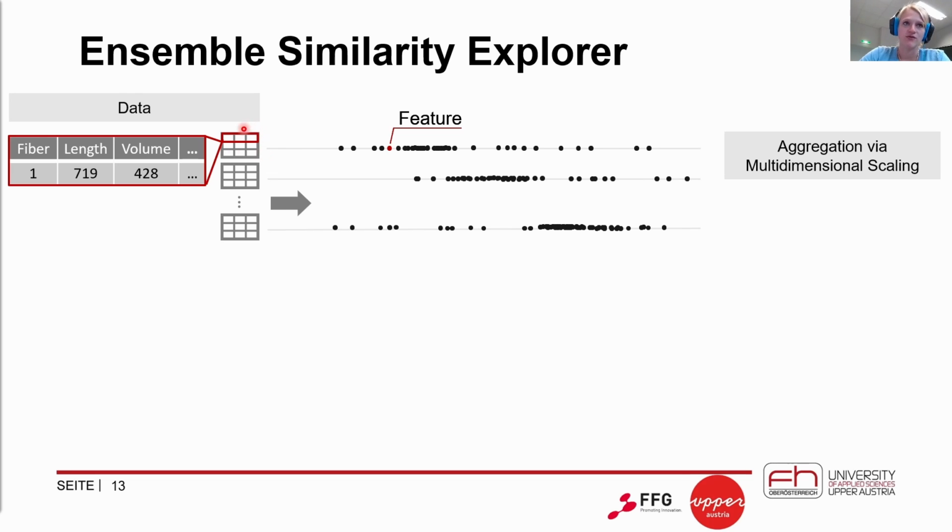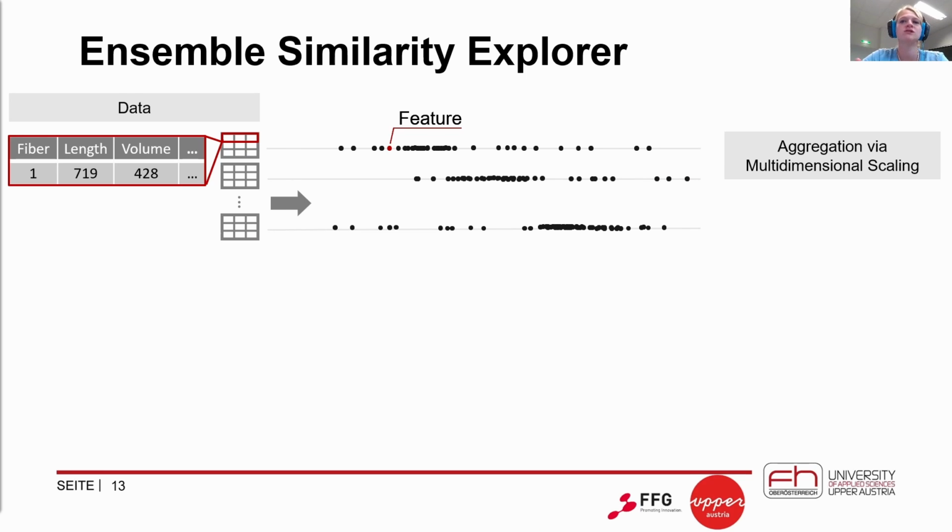So, and this is done for all datasets. And so all features of these datasets are then positioned on this horizontal line. All features of the second ensemble member are then positioned on the second horizontal line, and so on.